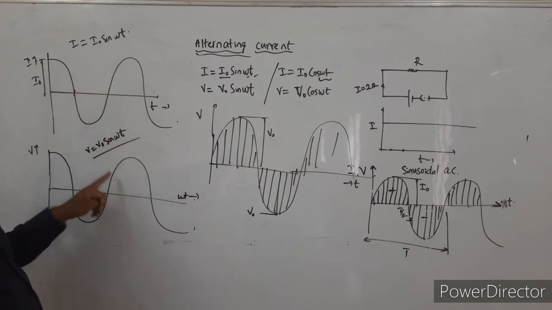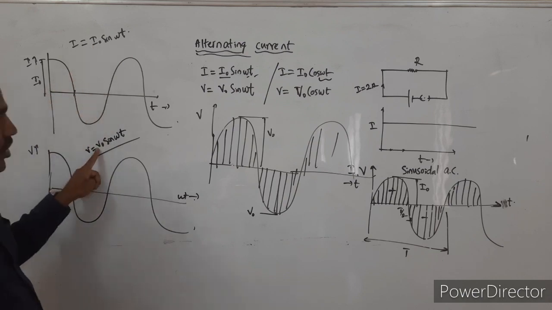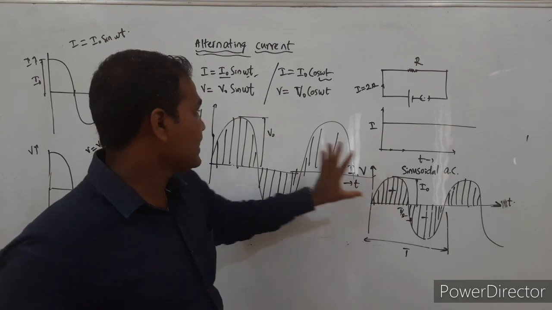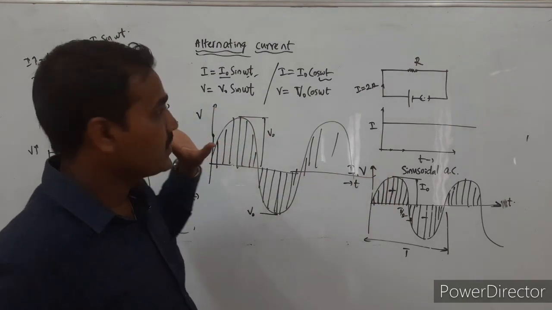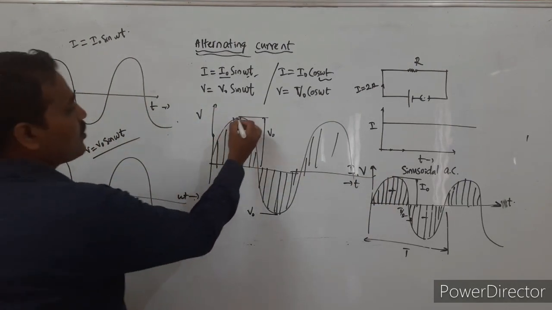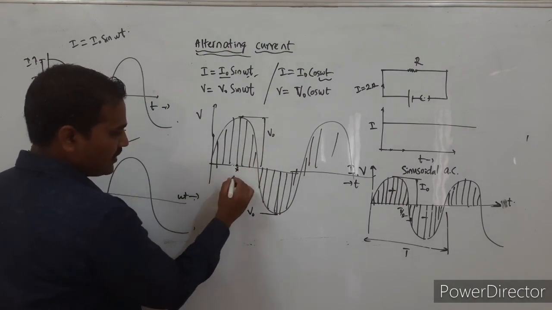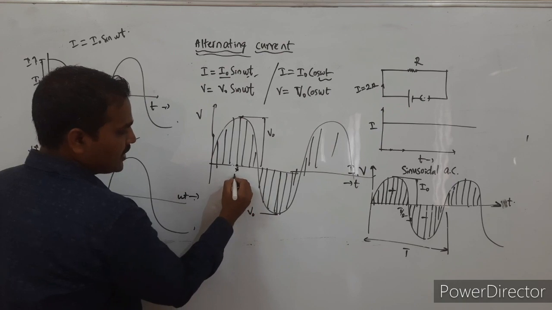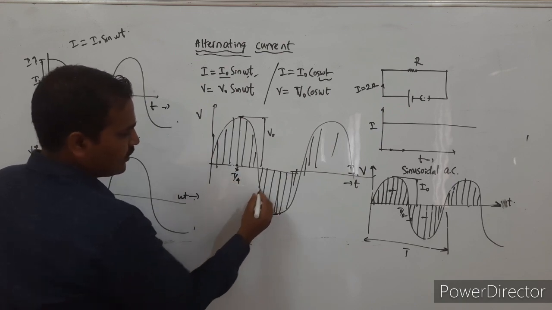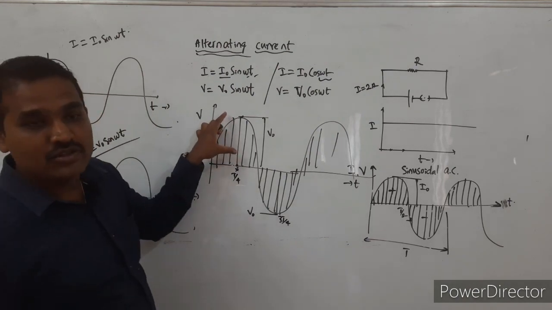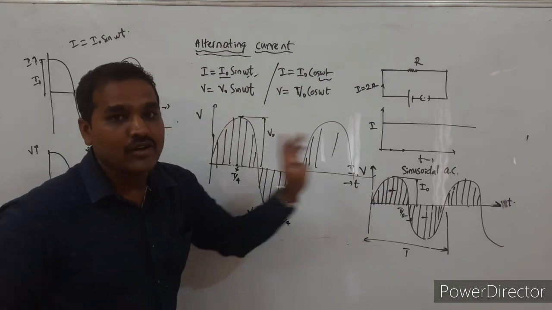In these equations, I naught and V naught are the maximum values of the alternating current and voltage. See here, I have only one time interval. At specific times, when t is equal to T by 4 and when t is equal to 3T by 4, I will have maximum values of V naught as well as I naught.